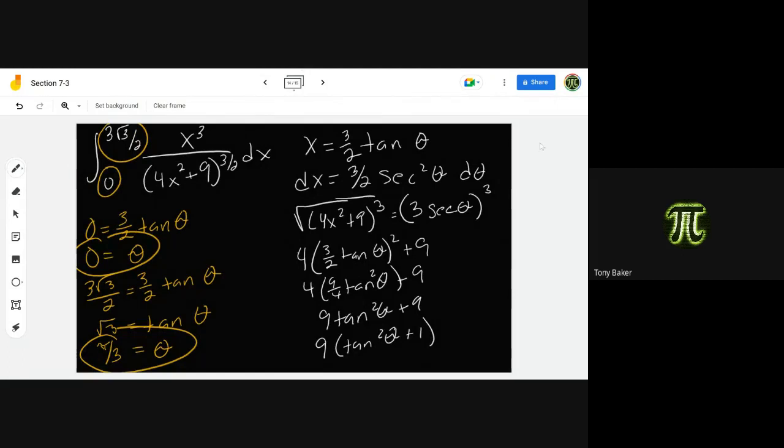All right, so we're going to take that crazy square root problem over there, and we're going to change everything into thetas so we can do some work with the trig parts. Because I need both.